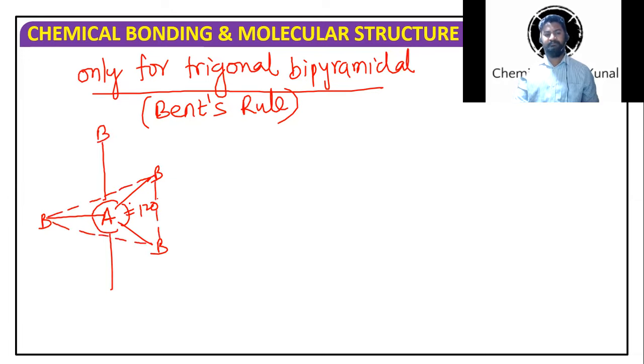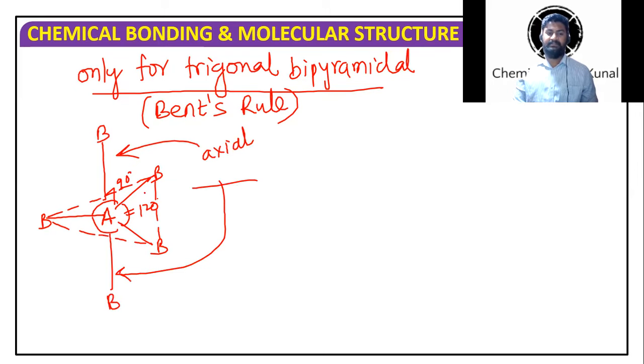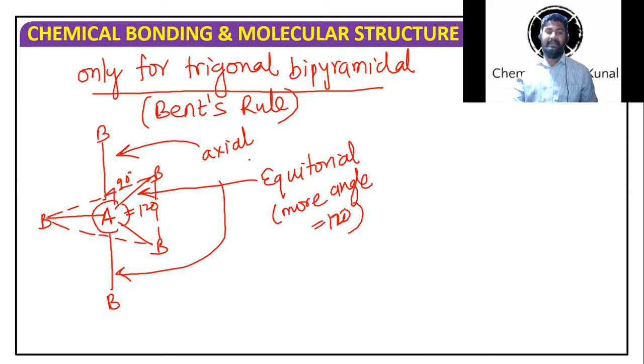Now, these angles are 90. Cool. So in trigonal bipyramidal, these bonds are called axial bonds. And these bonds are called equatorial bonds. So where do we have more angles? Equatorials have more angles. How much? 120. Whereas axial bonds have 90-degree angles only. That is the reason why Bent's rule plays a role here. What's that rule?